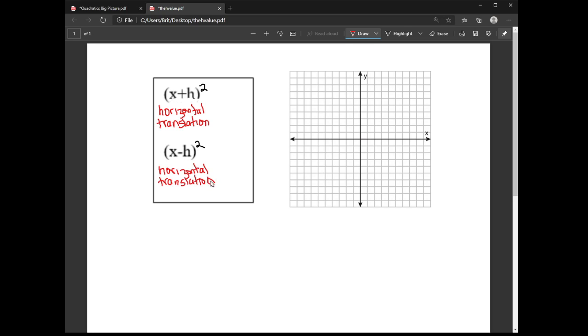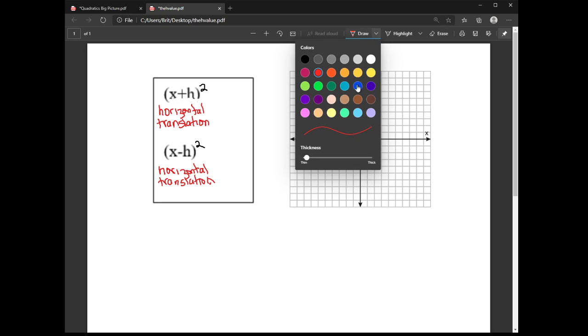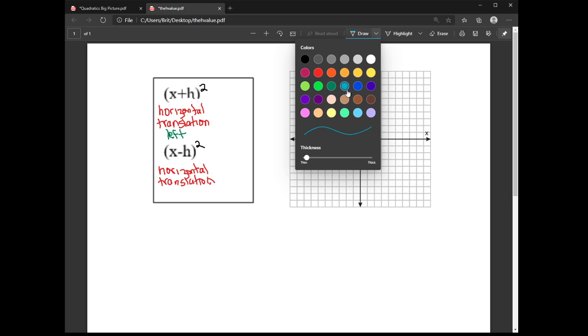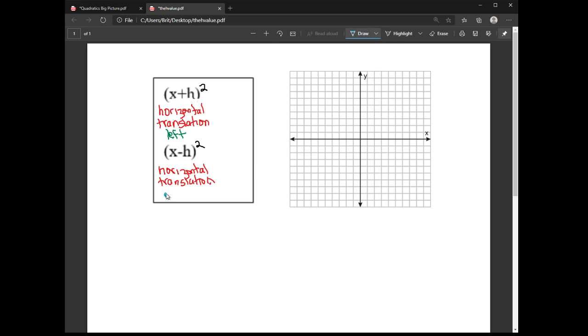Now the difference between adding h or subtracting h is the direction in which you slide. So if you are adding h, you are going to go to the left. And if you are subtracting h, you are going to go to the right. And that feels a little bit backwards, doesn't it?